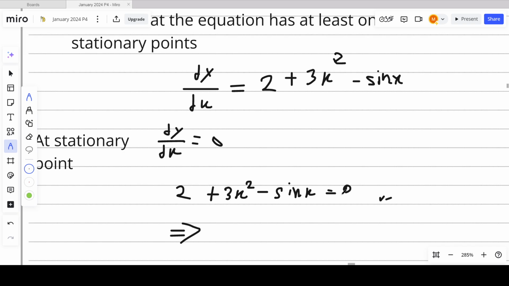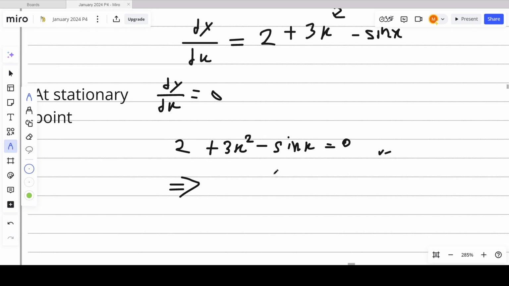Because at a stationary point, the derivative is 0. So the number of stationary points on the curve is the same as the number of solutions to this equation. So if we can show that there is no solution to this equation, then we can disprove our assumption. Makes sense?